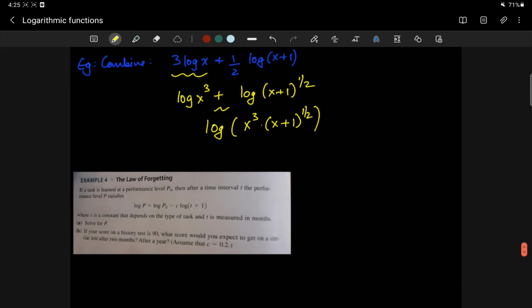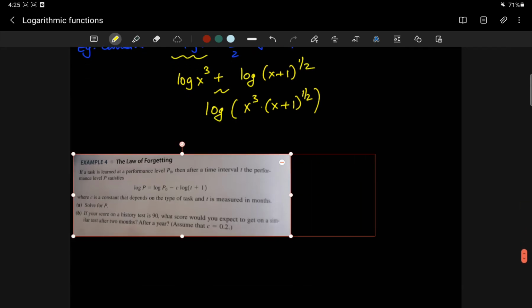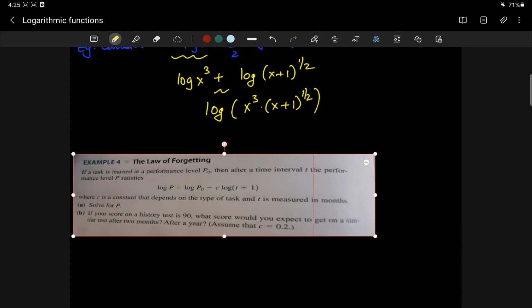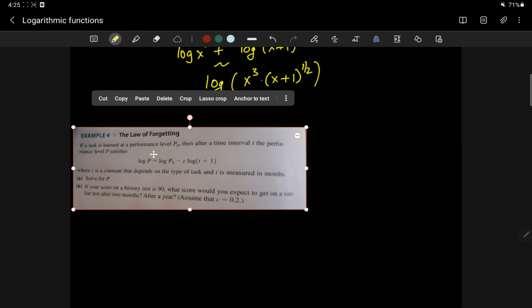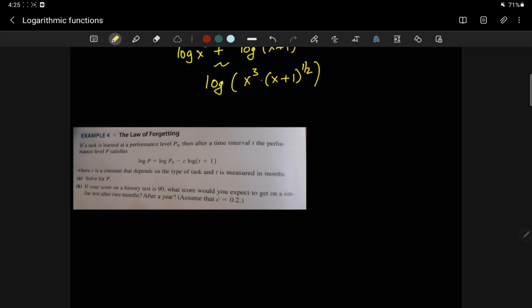Let's look at an example. There's something called the law of forgetting. If a task is learned at a performance level P naught, then after time interval T, the performance level P satisfies this particular relation. It turns out that after experiments, when models for how we forget things were created, it was found that we forget on a log scale, which is kind of good because linear would be really bad.